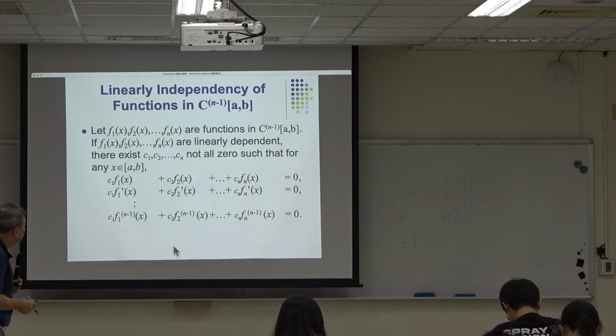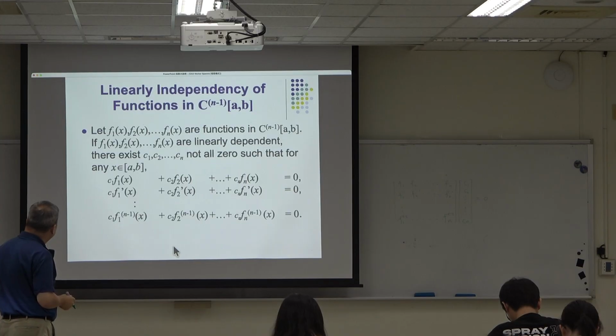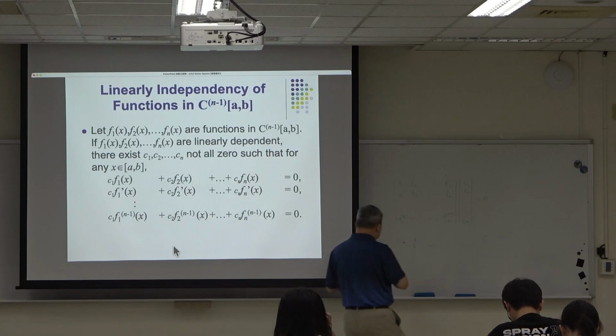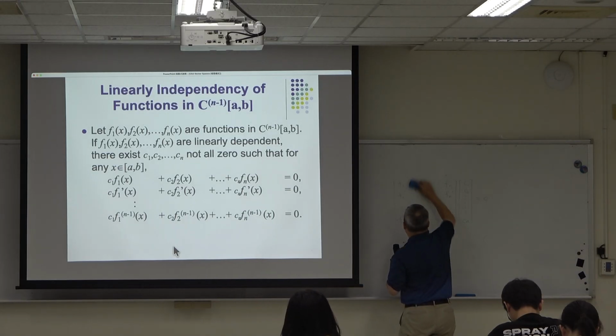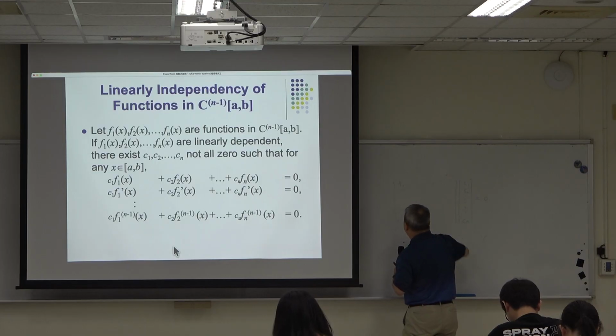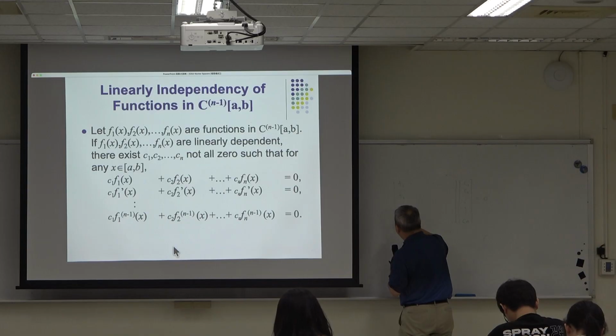Let me see. So it should be a column matrix f1, f2, fn.